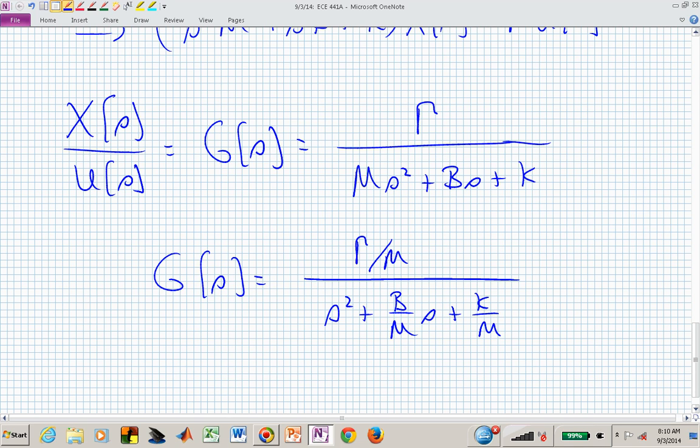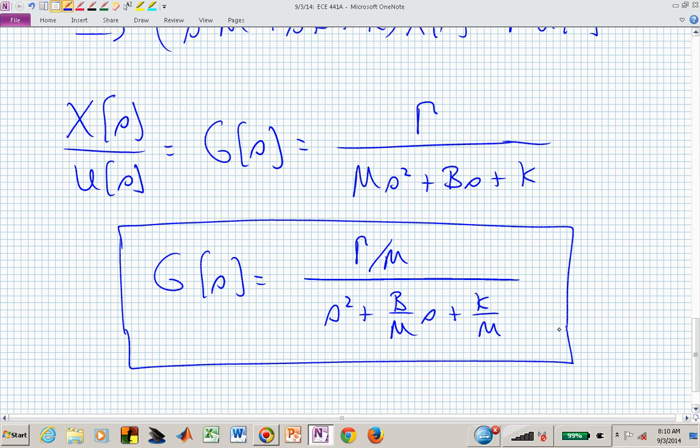And now we've gone from the time domain differential equation representation of this mass spring damper system directly to a transfer function, capital G of s.